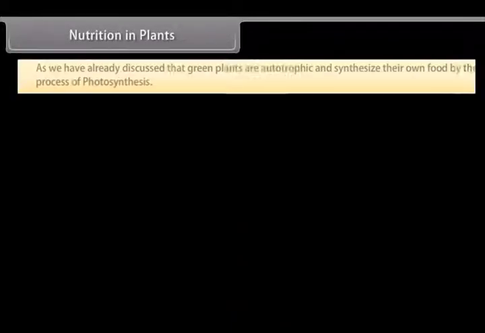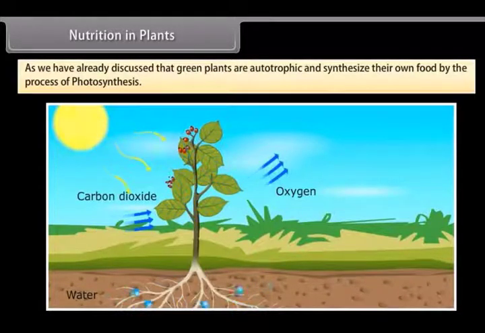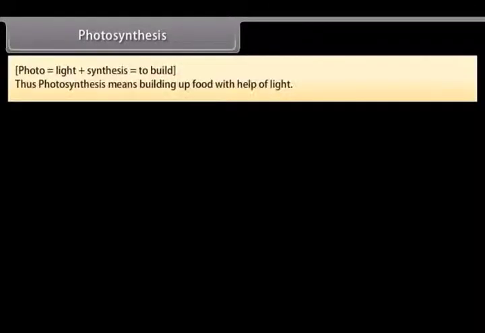Nutrition in plants. As we have already discussed, green plants are autotrophic and synthesize their own food by the process of photosynthesis. Photosynthesis. Photo means light and synthesis means to build.